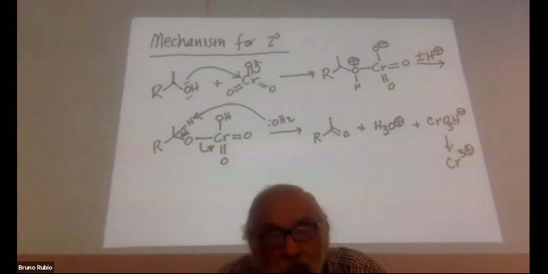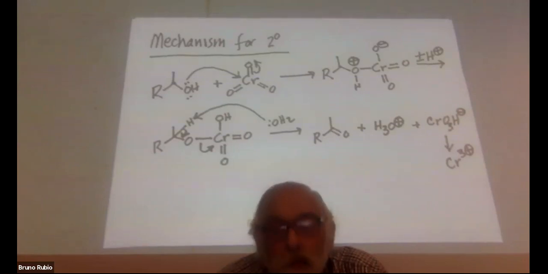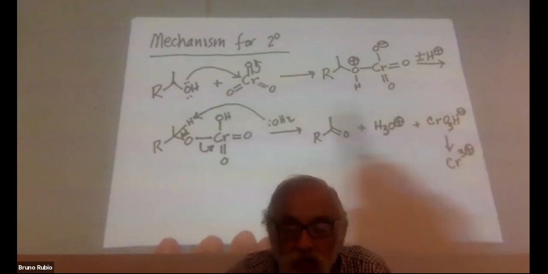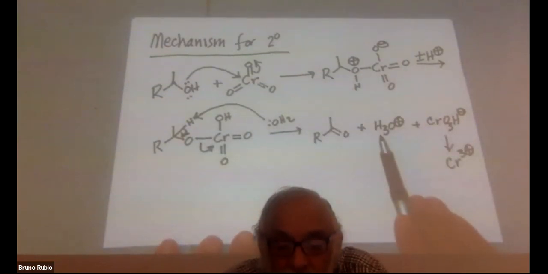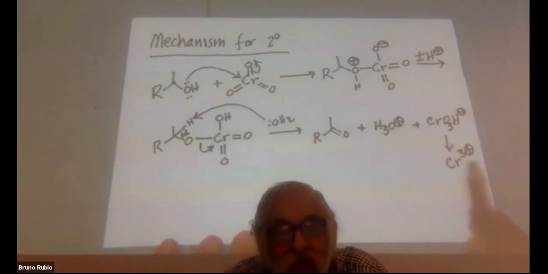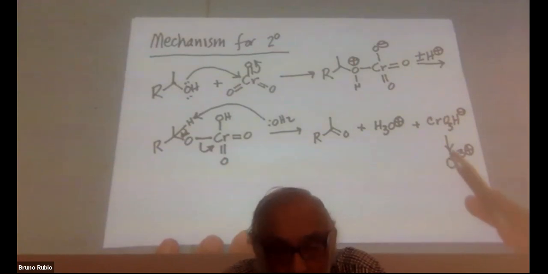Now, the difference in the mechanisms between the primary alcohol and the secondary alcohol, you will recall, is that a primary alcohol undergoes this series of steps to make an aldehyde, and then that aldehyde is attacked with water.